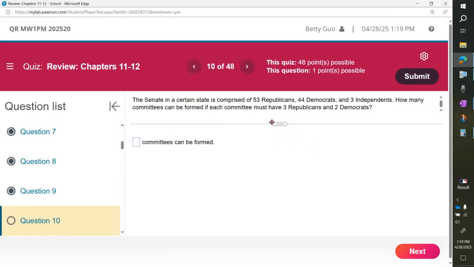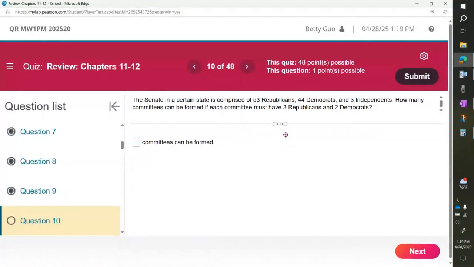On your scratch paper, you need to write down those numbers: 53 Republicans, 44 Democrats. We don't really need the independents because you don't need any independent in the committee, so that doesn't matter.